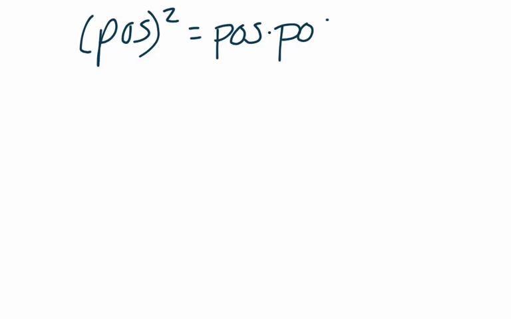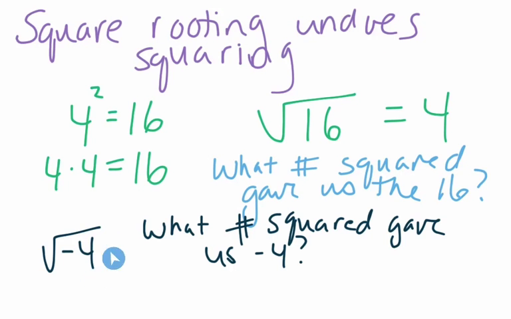Well, if you picked a positive number and multiplied it by itself, a positive number times a positive number, you would get a positive number. So there's no positive number that when you multiply it by itself would give you a -4.